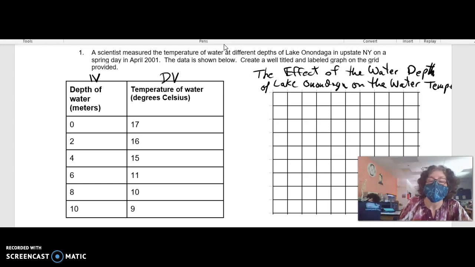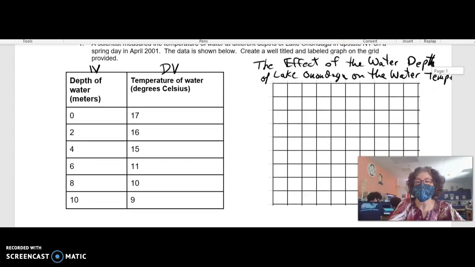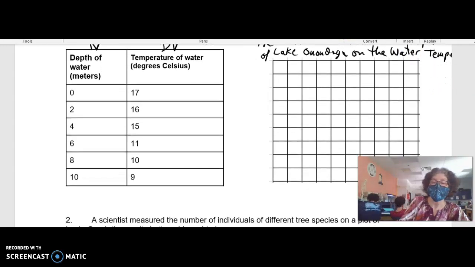Okay. All right. So the next thing after you've titled it, you need to put the right labels on the axes. There were also many people who weren't sure about that, so I want to make sure we go over that. The IV always goes on the x-axis. So down here, you would write depth of water.